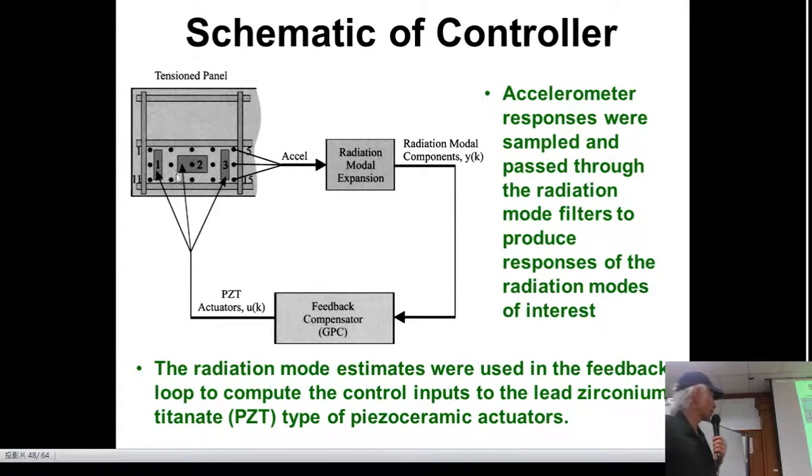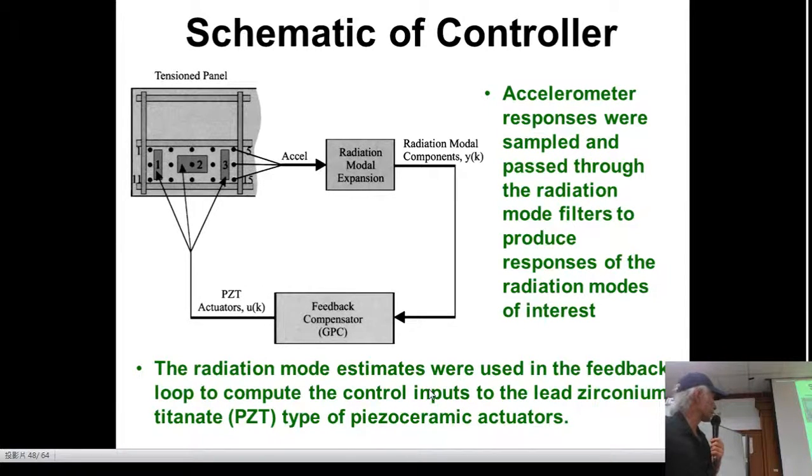So we have points 1, 2, 3, and a lot of points here. Those points are the accelerometers, and those 1, 2, 3 are, I believe, the piezoceramic actuators.